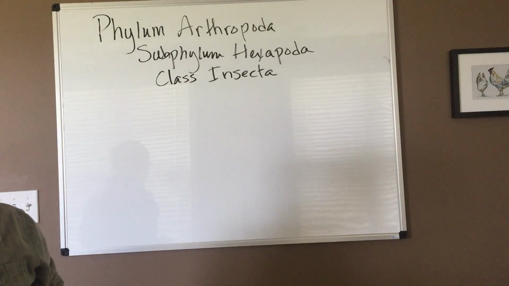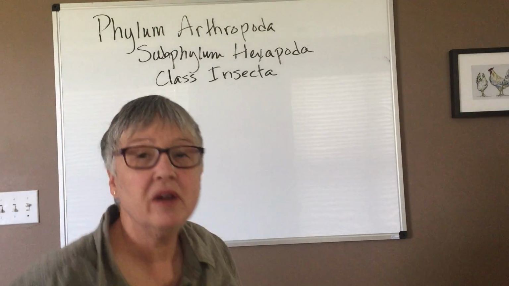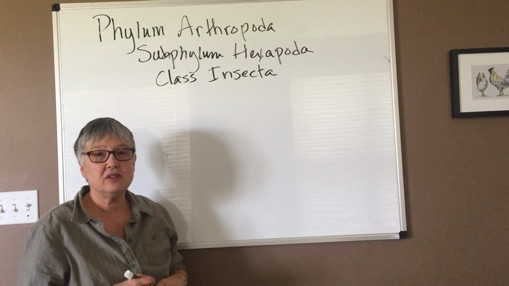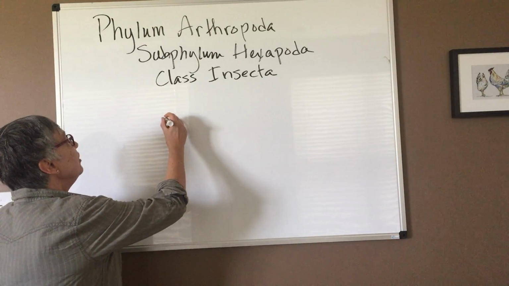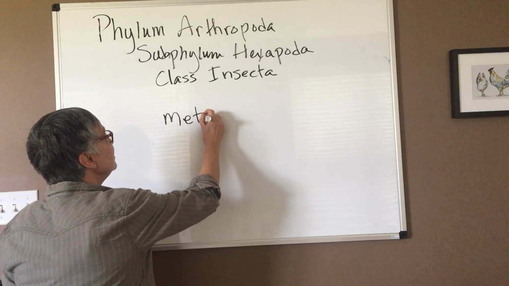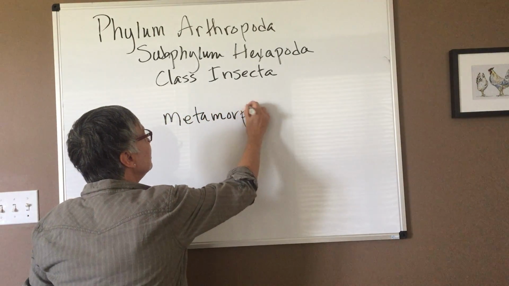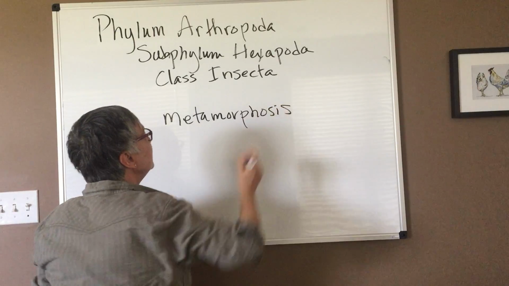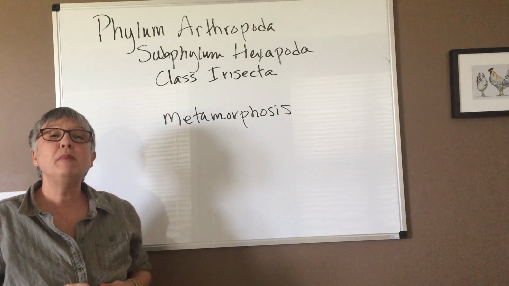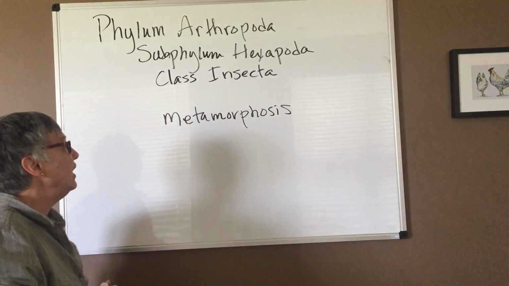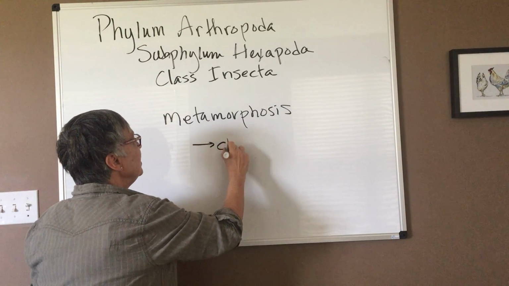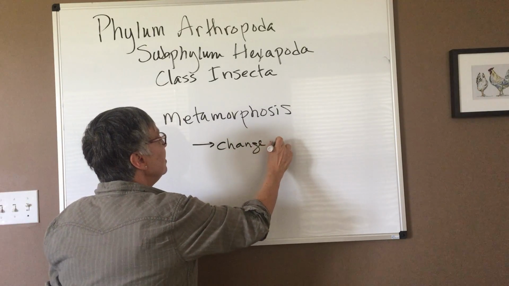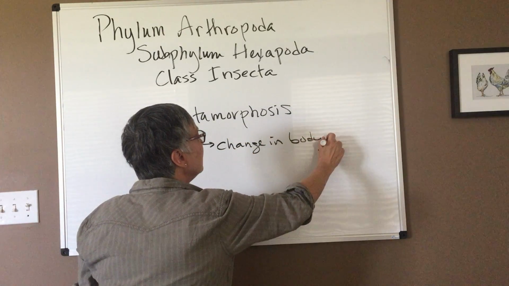One of the things that you're probably already aware of with regard to the life cycle of insects is that many insects undergo a process during their development that's called metamorphosis. Literally this means a change in body form.